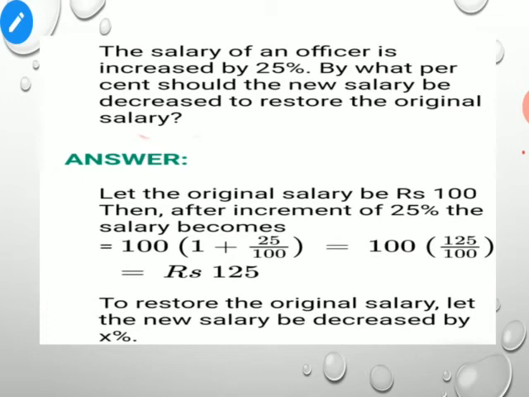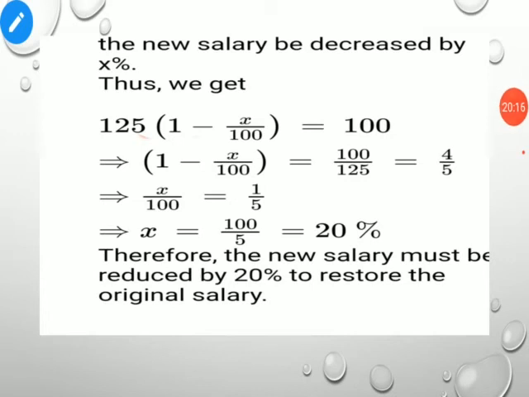Let his original salary be rupees 100. Then after the increment of 25%, his new salary will become 125. Earlier he was getting 100 rupees, now his new salary is 25 rupees more, so it will be 125 rupees. Now in order to restore the original salary, let his new salary be decreased by X%.